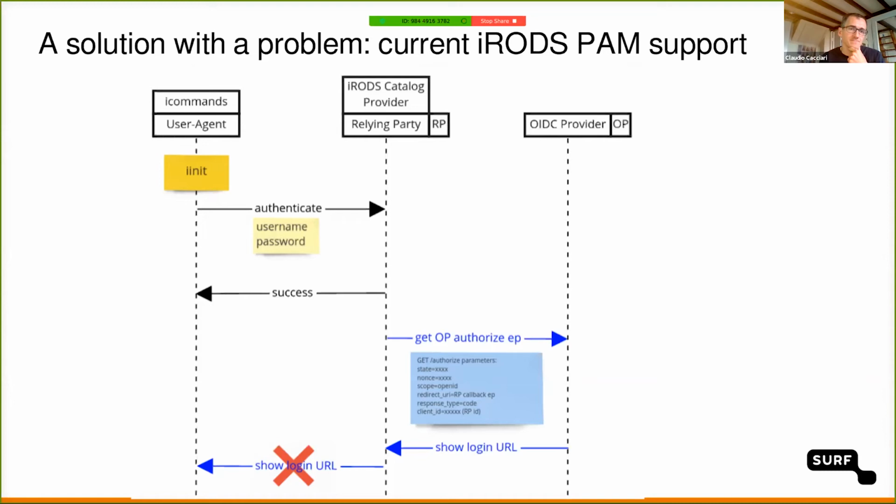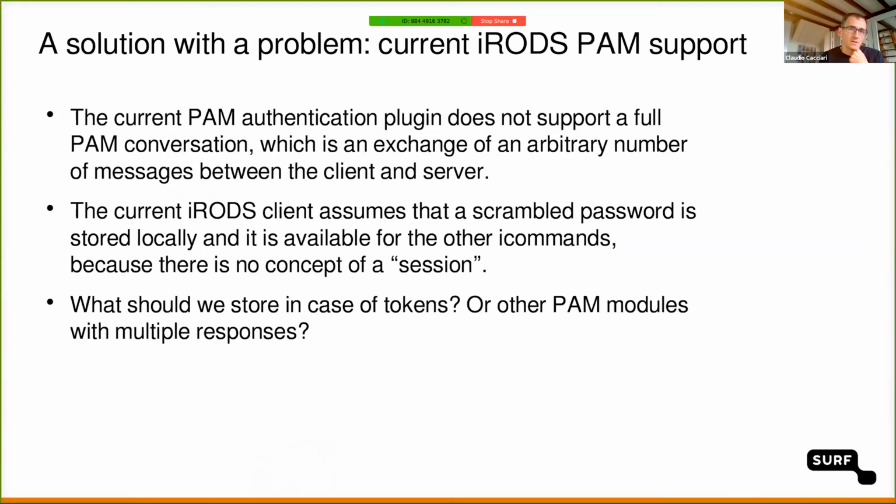Okay. So yeah, as I said, this is not working in the sense that technically the iRODS PAM current module is not supporting a full PAM conversation. That's how it is defined in the PAM jargon.